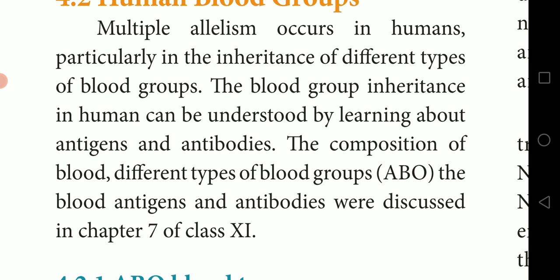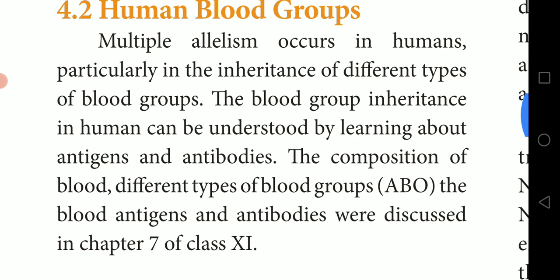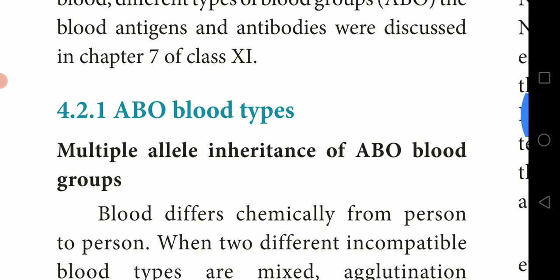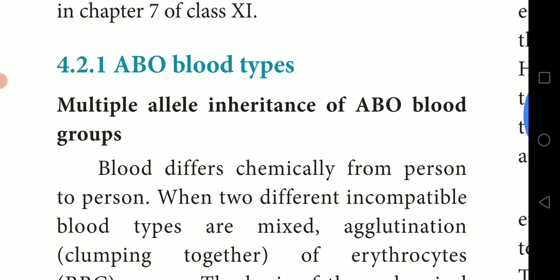The blood antigens and antibodies were discussed in chapter 7 of class 11th standard. Last year, in 11th standard itself, in chapter 7, we discussed what the ABO blood groups are, and what antigens and antibodies are. We have learned that.